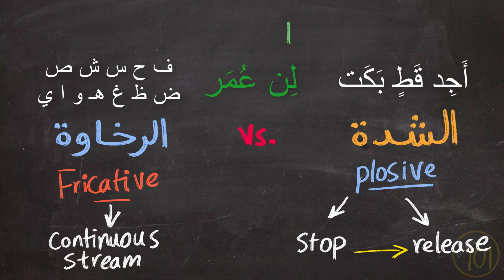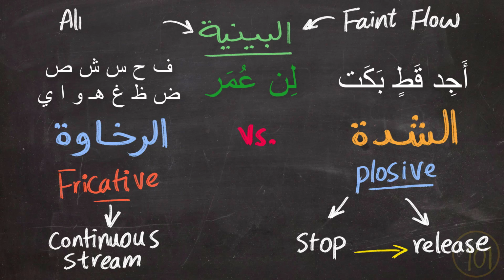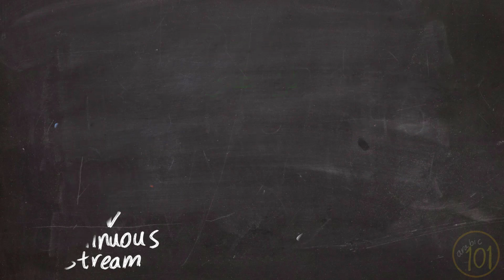And between them, al-huruf al-bayniyah, which are the letters of Lin Umar. And these letters are produced with a faint flow of air passing through an almost closed makhraj.